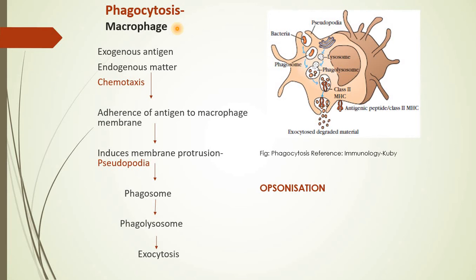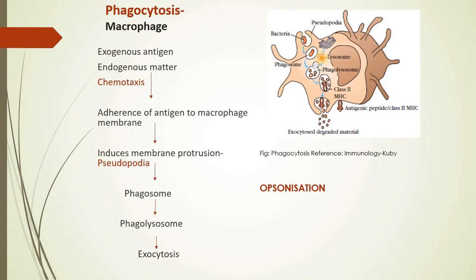Now the first important feature is that any pathogen, say for example bacteria, in the vicinity of the macrophage will be attracted by the macrophage because of chemotactic action.